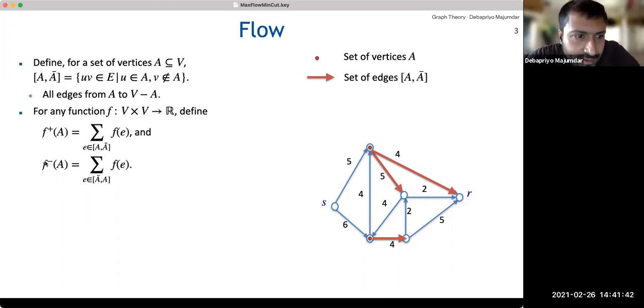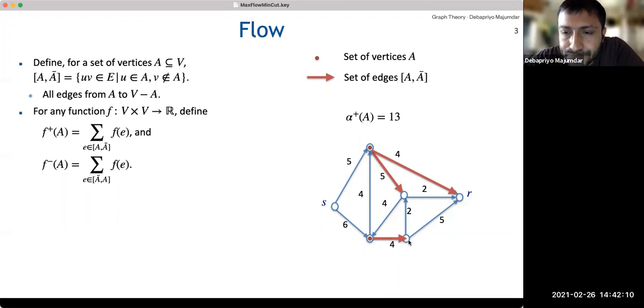And similarly, f minus A is from elsewhere to A. So let's take the capacity function. So alpha plus A is the sum of the capacity of all these red edges, right? So sum of the alpha for all these red marked edges.